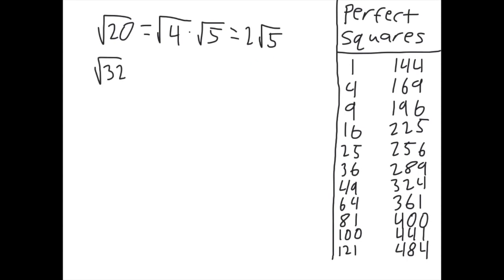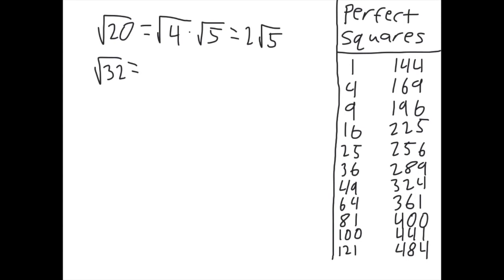Now let's look at the next problem, square root of 32. So once again, ignore 1, can 4 divide 32? 32 divided by 4 is 8. So yes, that works. Notice there are two ways to do this.